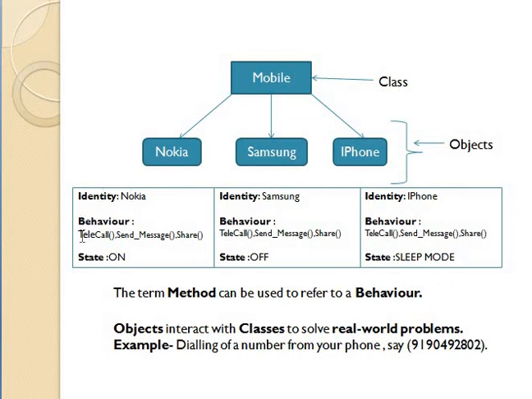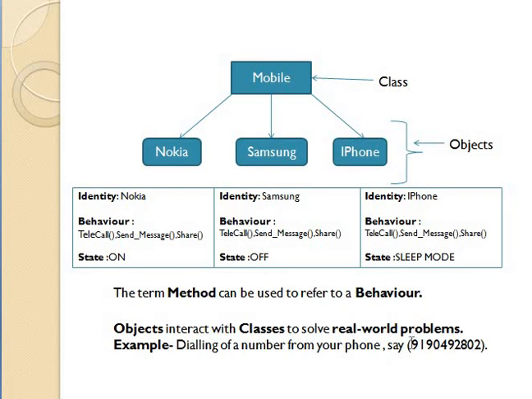Let's say it calls the method telecall that will concatenate or join together all the digits that comprise the number, that is the digit 9, the digit 1, the digit 9 again, the digit 0, the digit 4, the digit 9 again, then the digit 2, the digit 8, the digit 0 again, and again the digit 2.